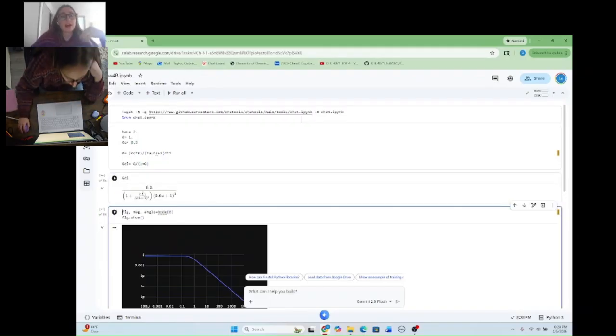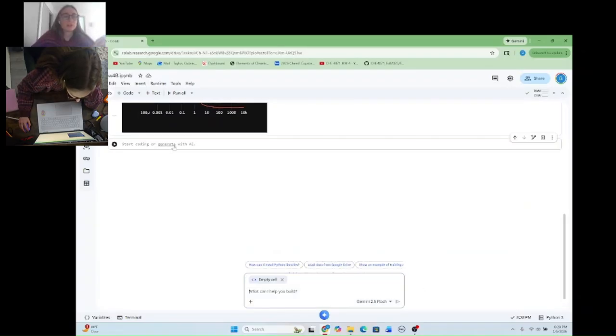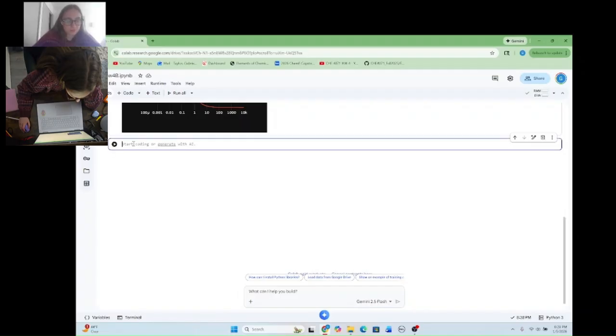And see, now we have a much more difficult function where we have S in there. So after this, we are going to want to use our function simulate, and we're going to use the closed loop function that we have.